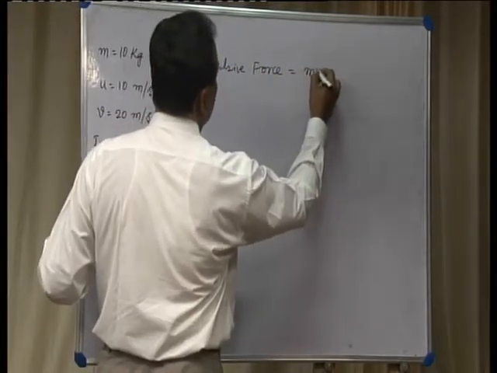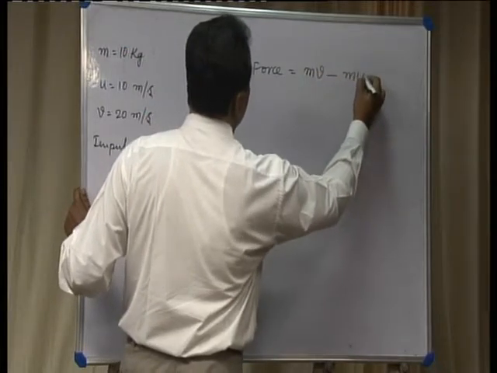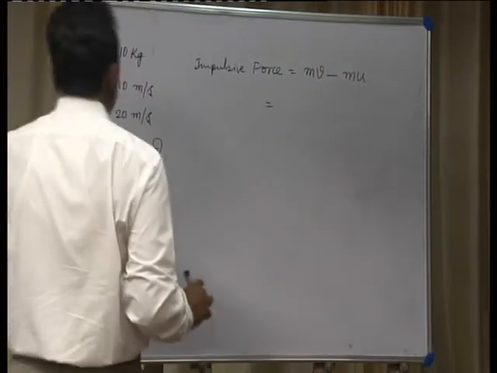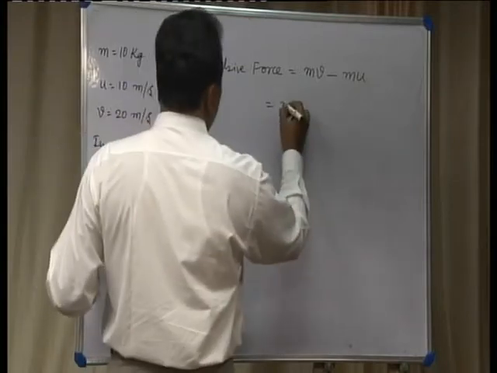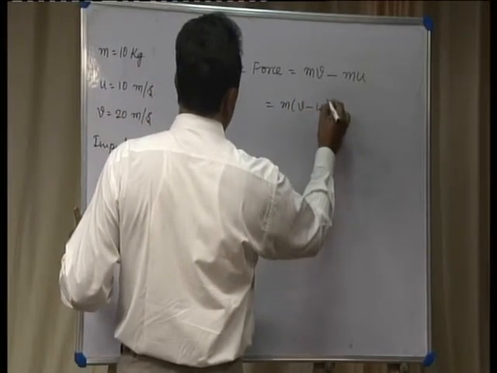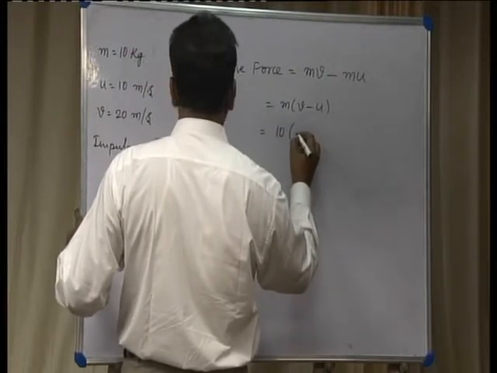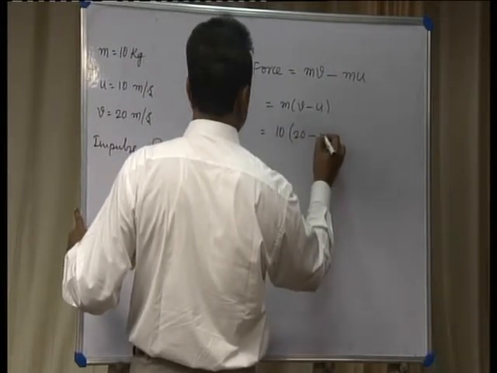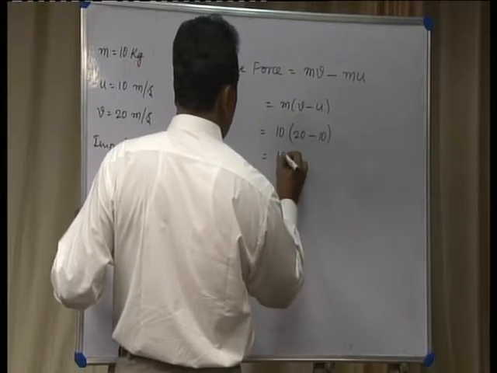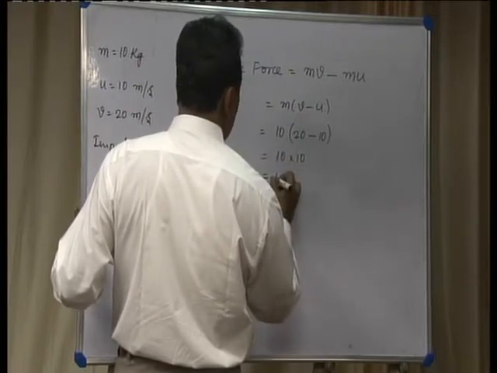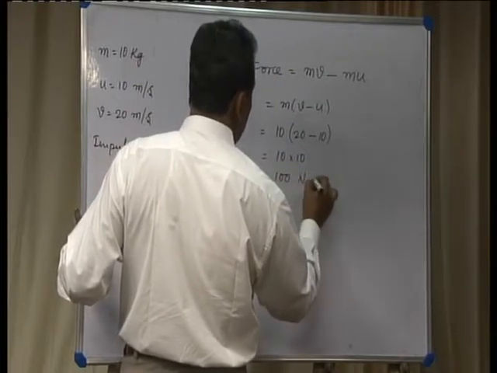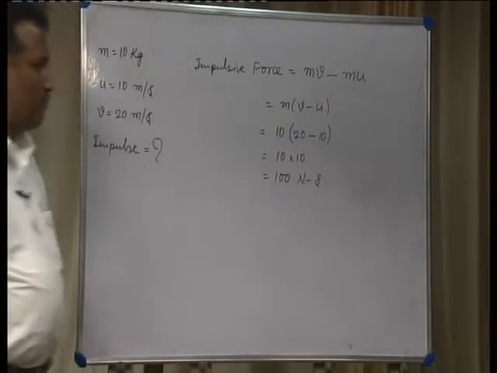Change in momentum means final momentum minus initial momentum. So it is simply m into (v minus u). m is 10 kg, v is 20, u is 10. So 10 into 10, which is 100 Newton second, is the impulsive force.